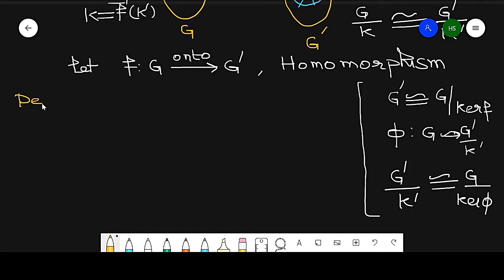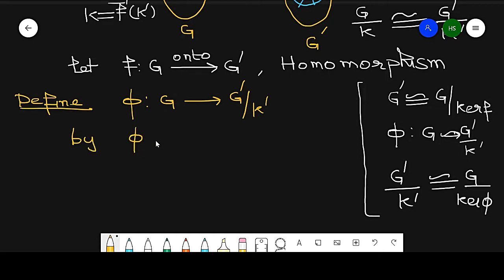So I define a natural homomorphism phi from G to G dash by K dash. Why can I take this group? Because K dash is a normal subgroup of G dash, so this quotient group exists. This is defined by phi of a equals K dash.